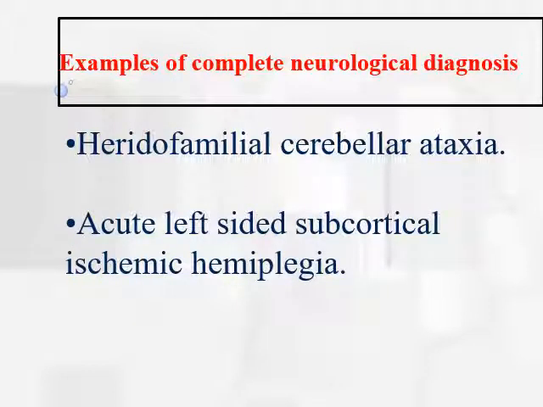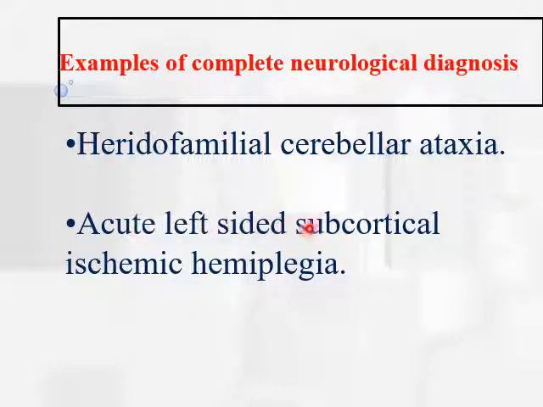And this is an example of a complete neurological diagnosis: a heredofamilial cerebellar ataxia. Heredofamilial is the pathological diagnosis, cerebellar is the anatomical, and ataxia is the functional diagnosis. Okay?